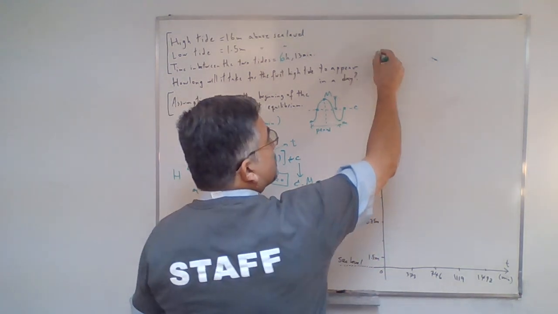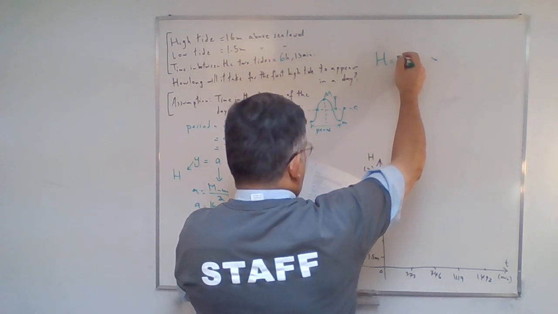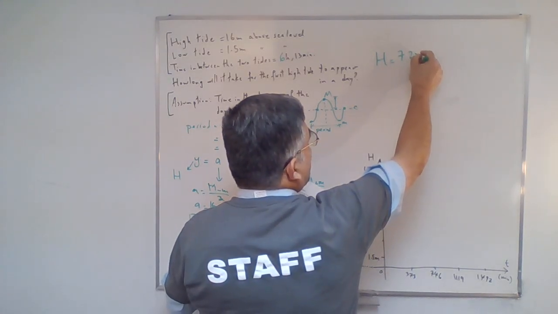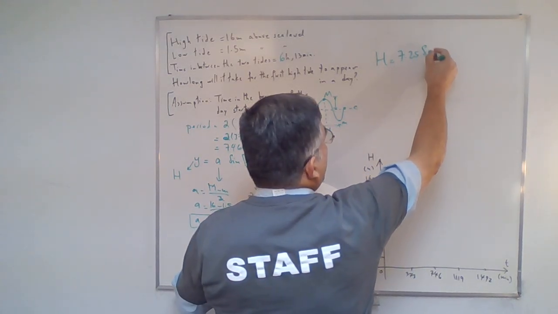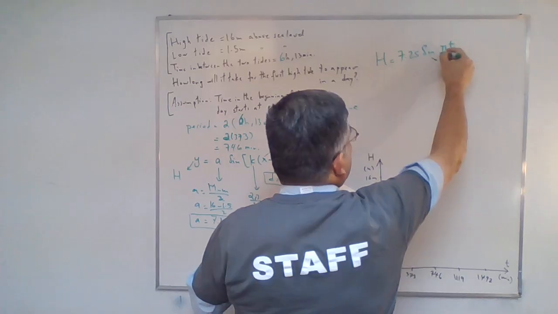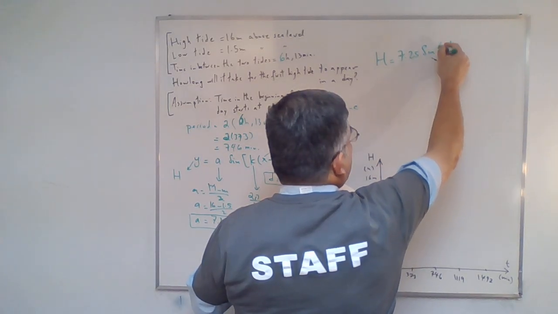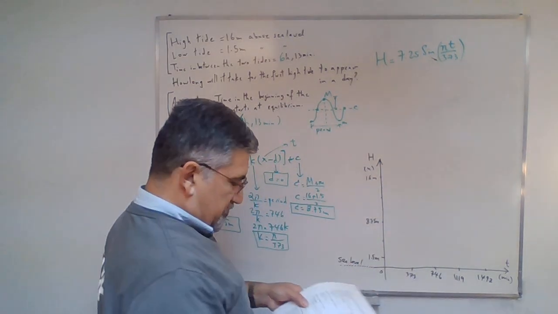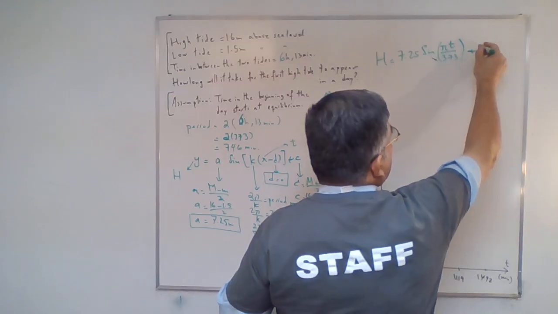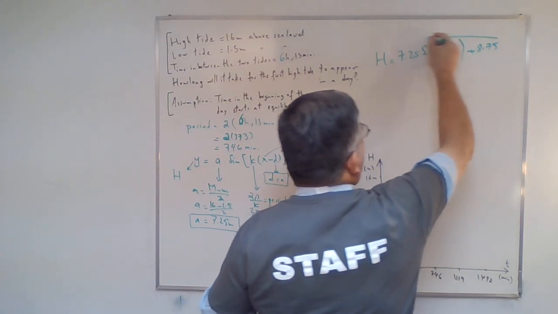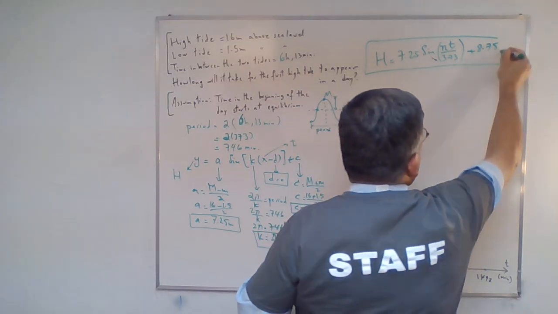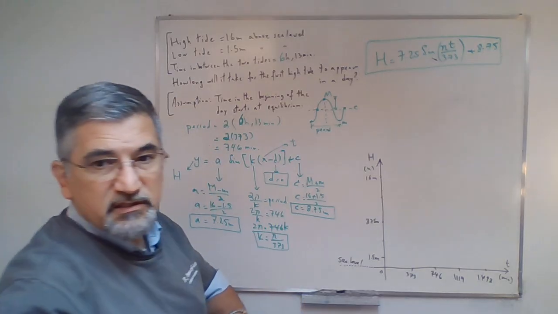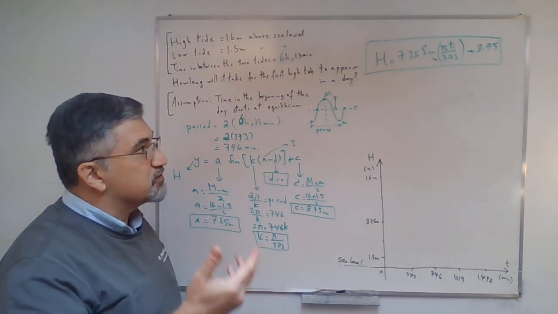So the equation would be H equals 7.25 sine of pi t over 373, and I'm not going to write minus 0, it doesn't matter, plus 8.75. So this is the equation of the height of the water level with respect to time.